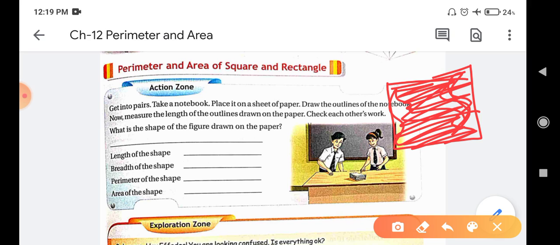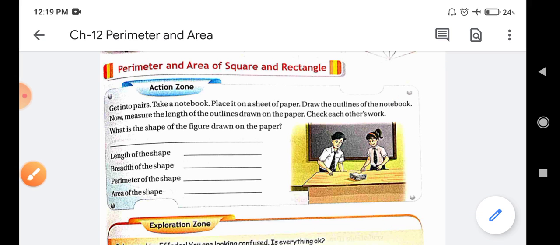And to find perimeter, we have to add the lengths of all sides, because it is the boundary. When we add the boundary of a shape, then we get the perimeter. So this is perimeter and area.